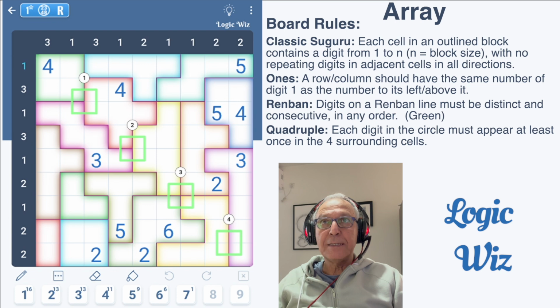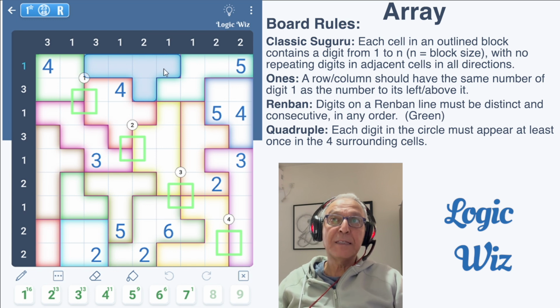Let's see the rules. So first, Suguru rules. As you can see, there are multiple blocks on the puzzle. Each block has a different number of digits, and each block needs to have the digits from 1 until the size of the block.